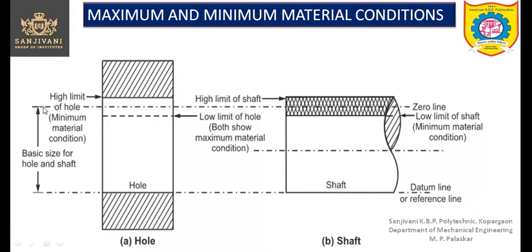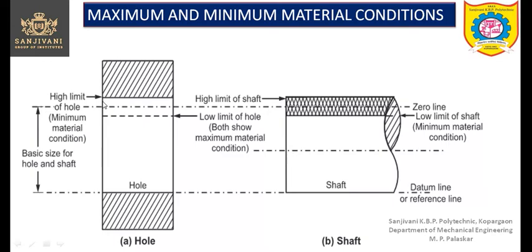So the basic size is the same for the shaft and the hole because the zero line and the datum line are the same for the shaft as well as the hole, right? So this is the tolerance zone. Some part of this tolerance zone is lying above the zero line and some part is lying below the zero line. So here lies the maximum limit and here lies the minimum limit or lower limit.